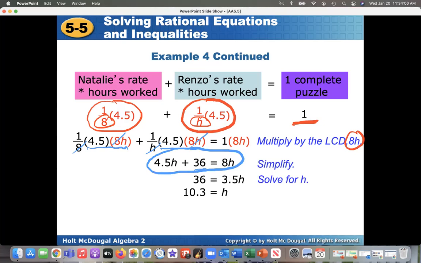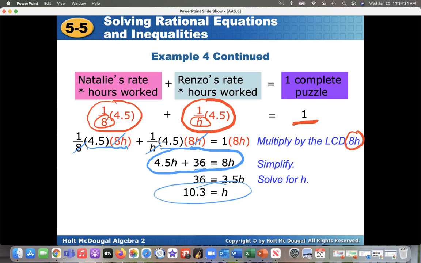So if you subtract 4.5H from both sides, you get 36 equals 3.5H. To get H by itself, we divide by 3.5. Well, that means H is 10.3, which means if Renzo was working on the 500-piece puzzle himself, it would take him 10.3 hours.